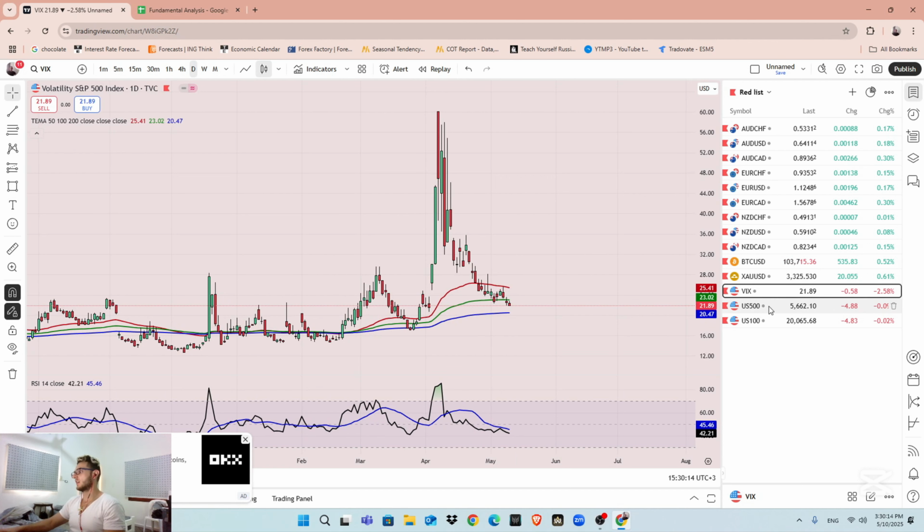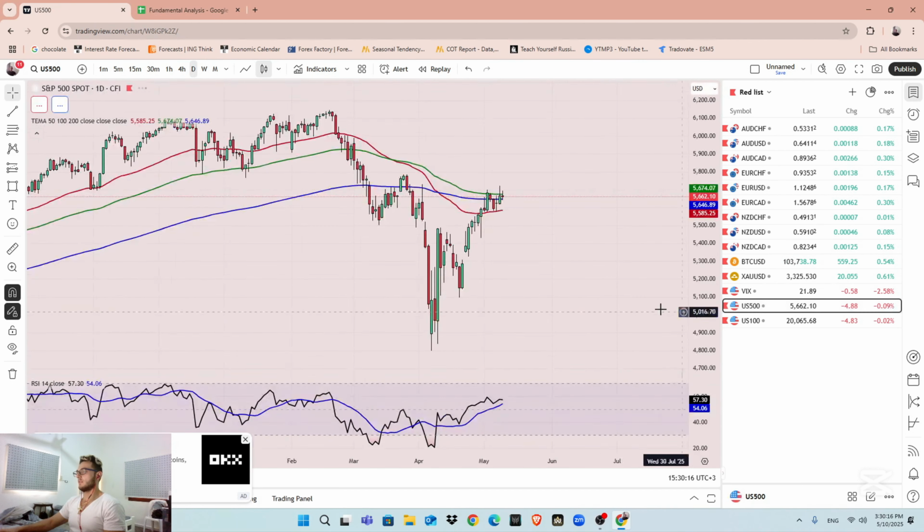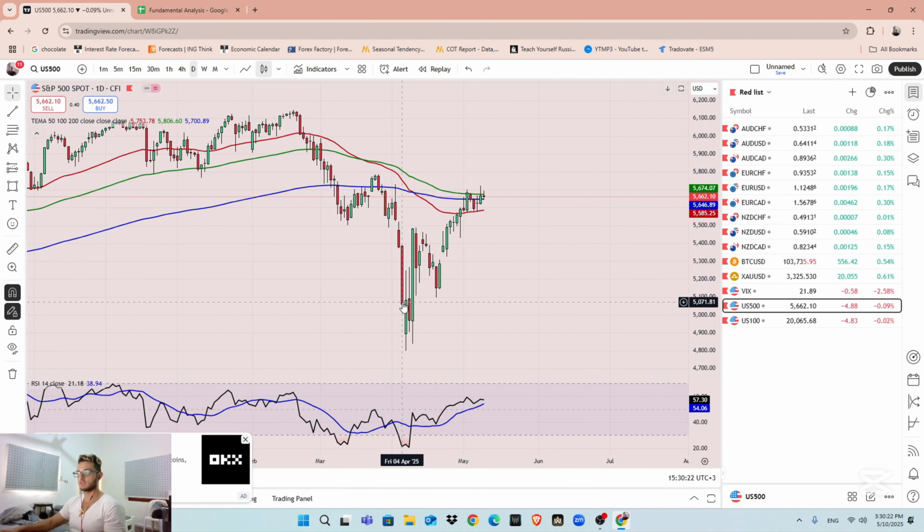Now coming into the S&P 500, I was looking for price to retrace into this demand zone in order for me to enter. We did not touch it, so I did not enter at this area right here, and now we are moving to the upside.